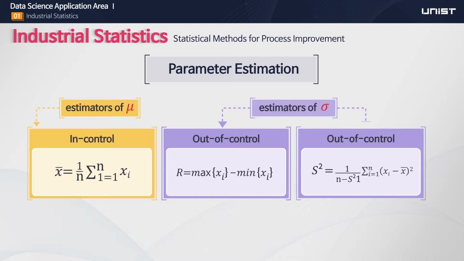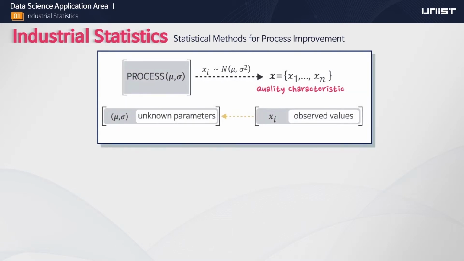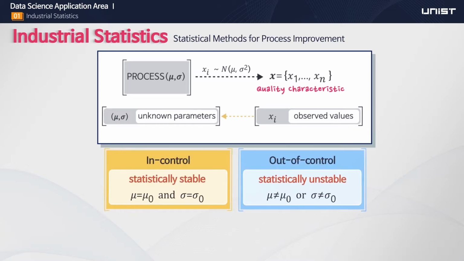In practice, instead of sample variance, sample range is also a very popular estimator of sigma. And therefore, we can calculate sample mean and sample variance from observations. If they are similar to target mean and target variance, we classify the process as in control state, while if they are quite different from them, we classify the process as out of control state.